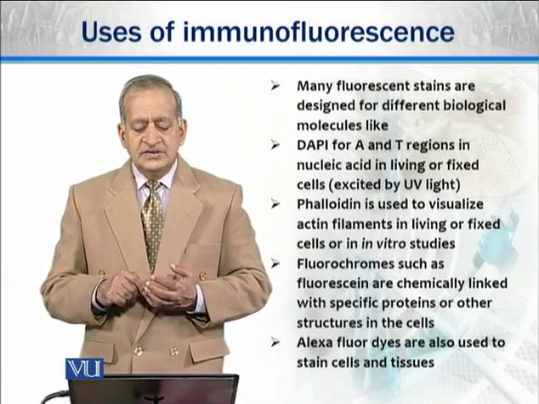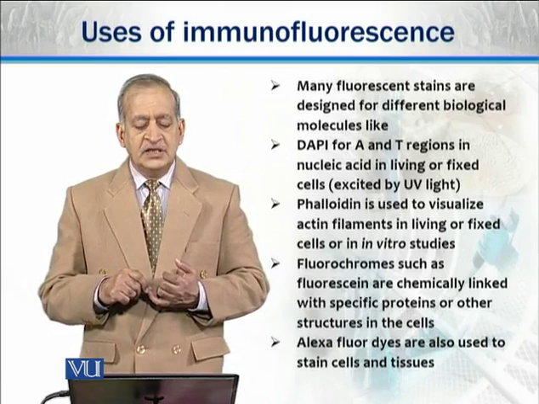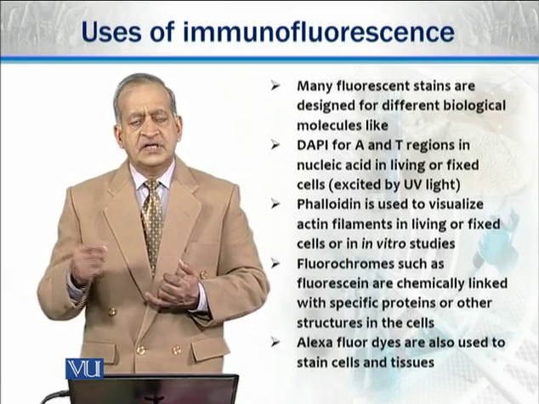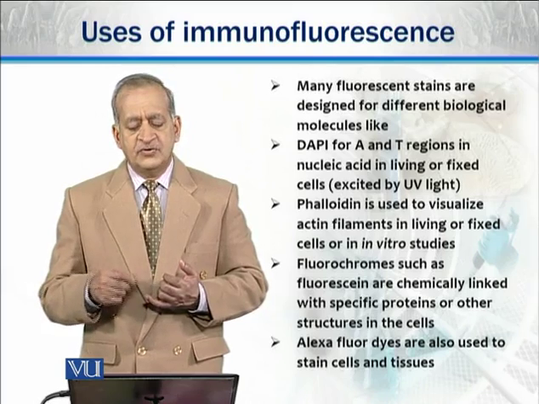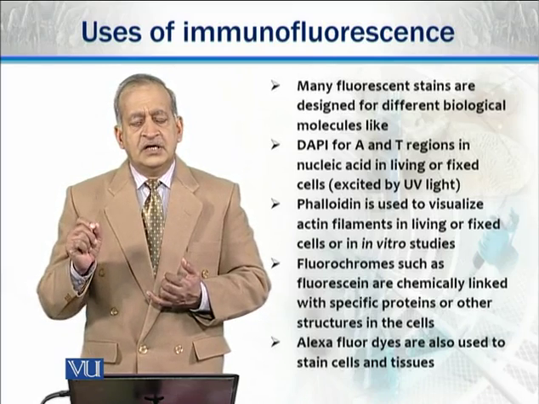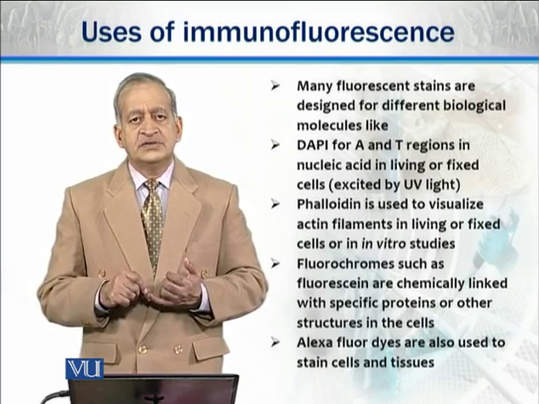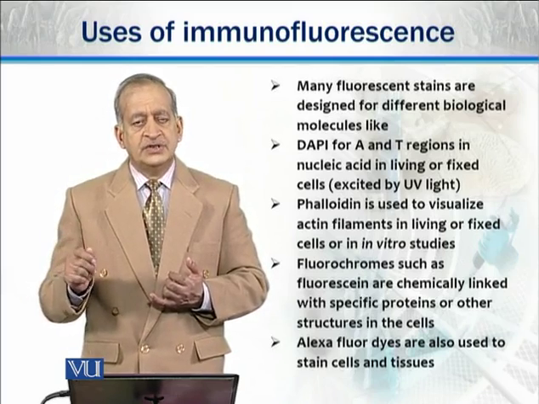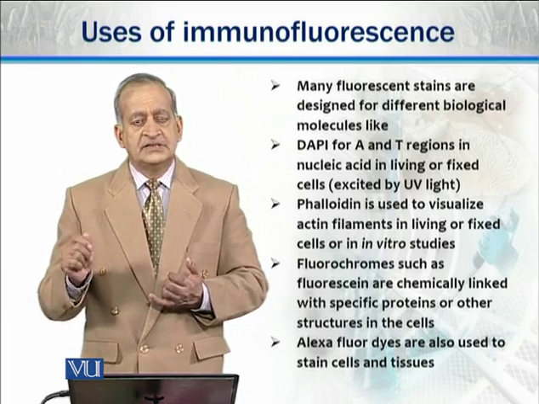Many fluorescent stains are designed for different biological molecules. We have discussed that we can use different types of fluorophores, and specific fluorophores target their respective antigens or tissues in the cell in the sample.